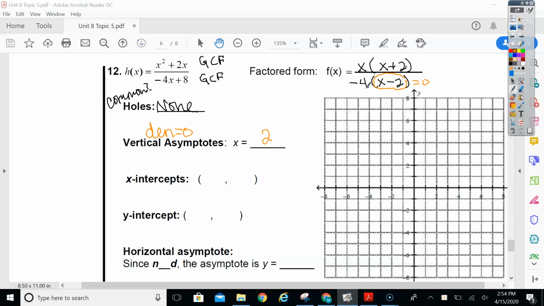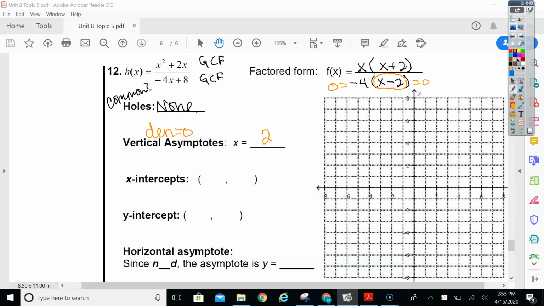That one we know. But this one over here, when is negative 4 equal to 0? It doesn't have an x, so this is never going to be true. So this one actually doesn't give us a 0. The negative 4 is just a coefficient that's being multiplied. This one doesn't give us another vertical asymptote. Only if there's an x is it a vertical asymptote, or a 0, or whatever it happens to be.